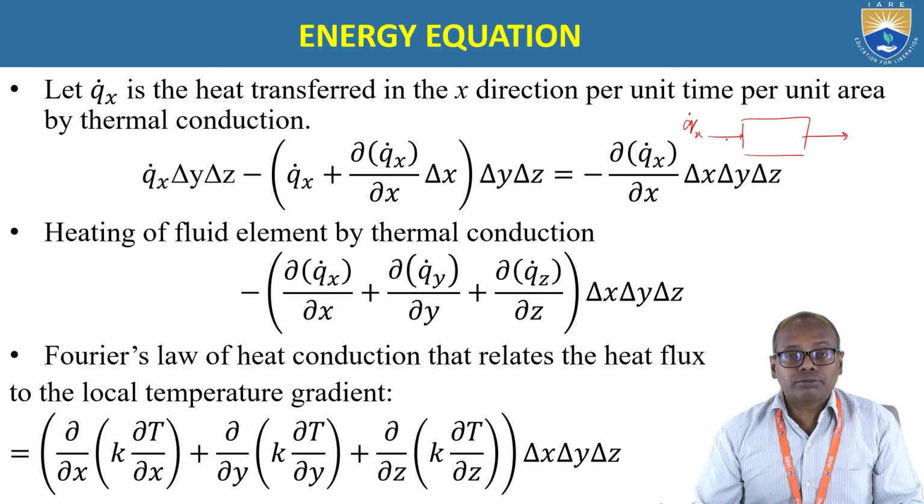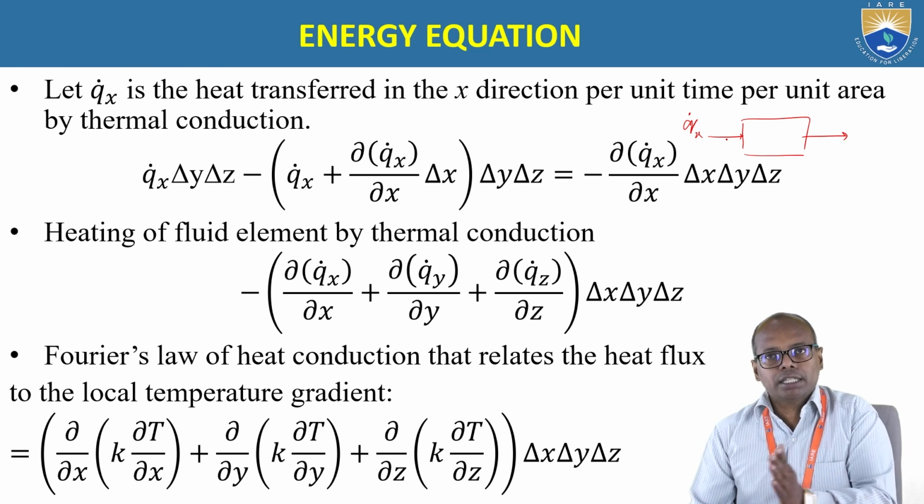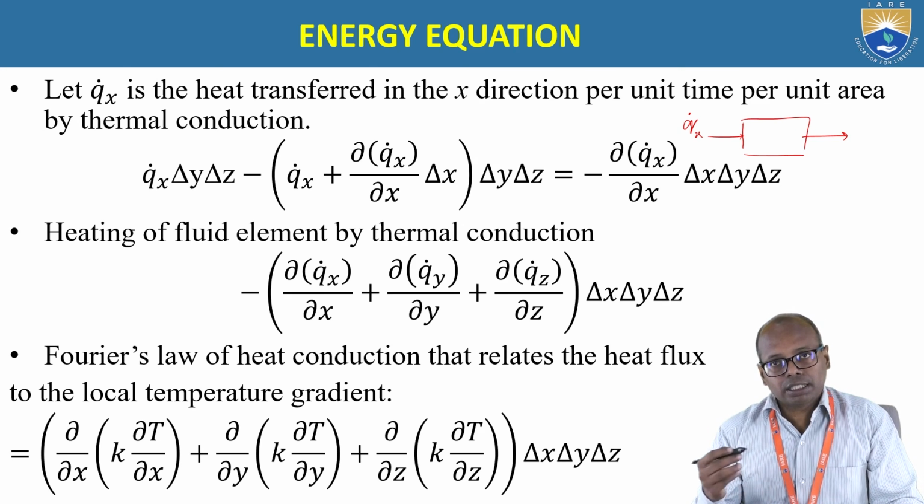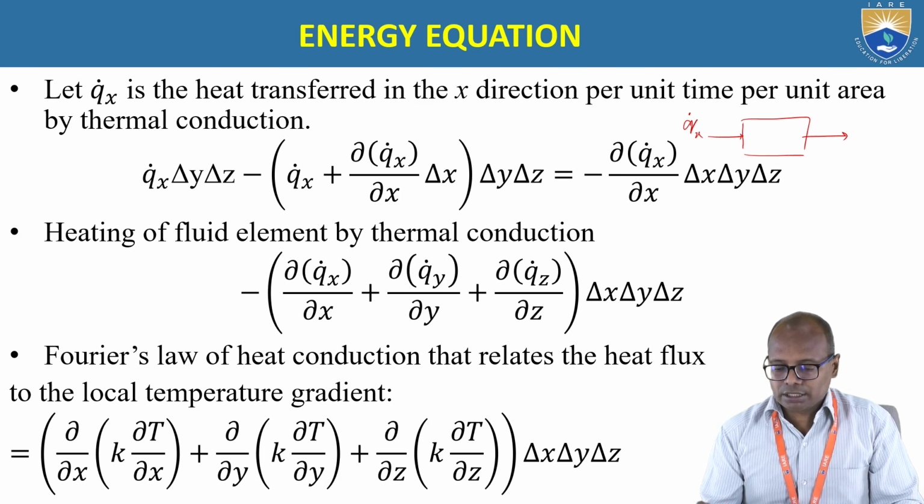Q dot x, if I take, that is heat added in x direction, and it is changing only in x direction. So it is written here as qx plus dou by dou x of qx dot.